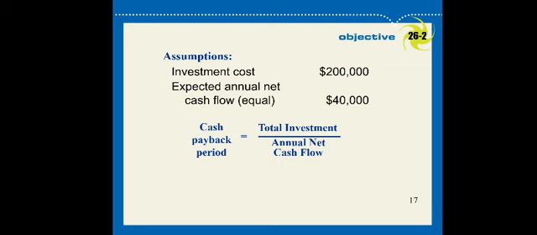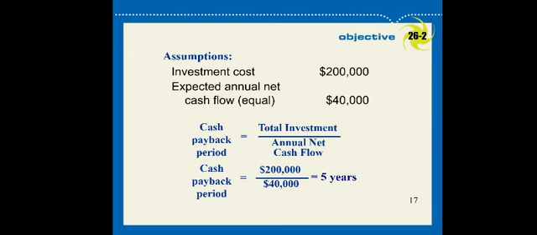So how to calculate the cash payback period if the situation is like this? To calculate the cash payback period, you have to use this formula: total investment divided by annual net cash flow. Very easy. So for this fixed asset, the cash payback period is 5 years.